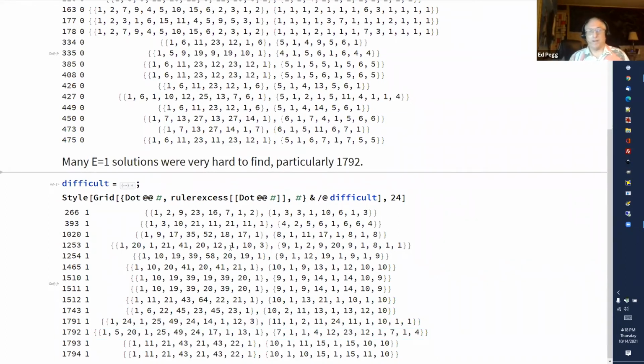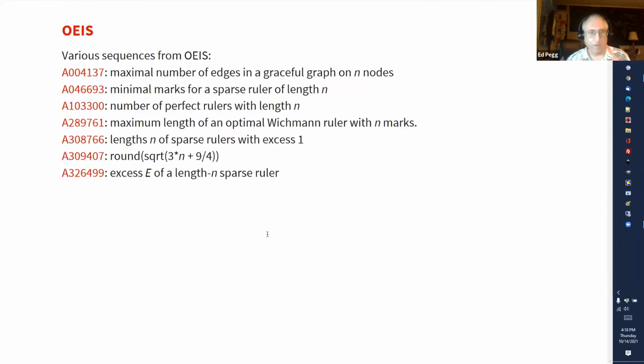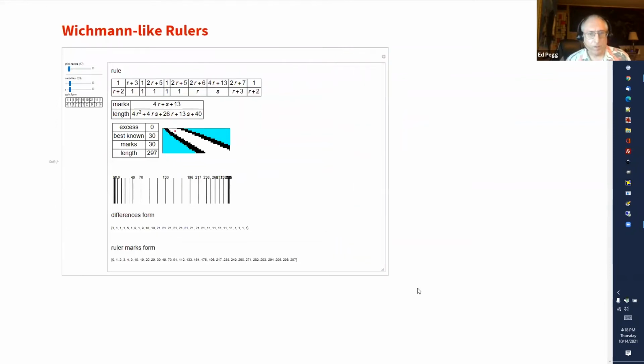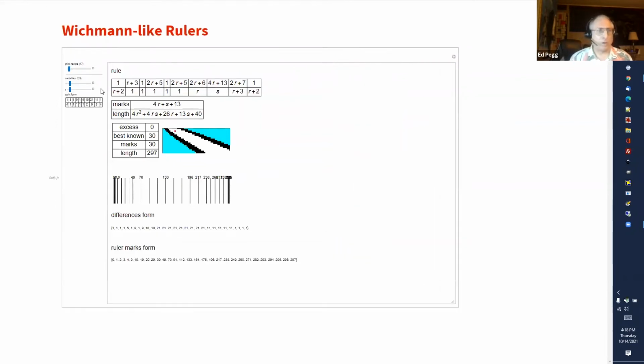And with that, I had all the 0 or 1 excess values for everything. First, here are a few sequences that are based on this. And we can go into various Wichmann-like results.